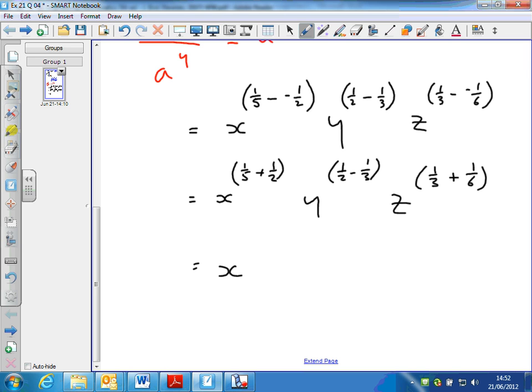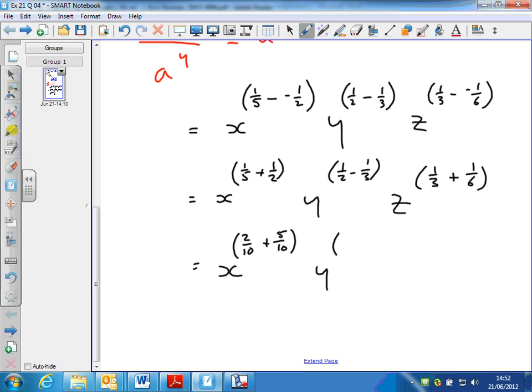So looking at the first term, well, what number is common to both 5 and 2? The denominator's in there. 10. They both go into 10. So this becomes x to the 2/10, because a fifth is 2/10, plus a half, which is 5/10. Y, a half minus a third.